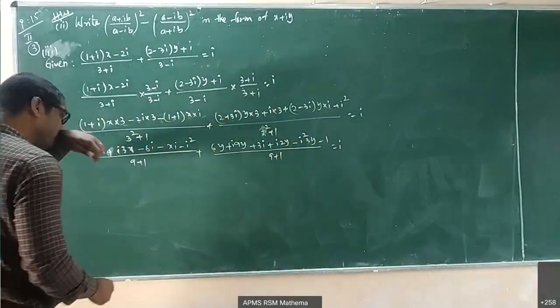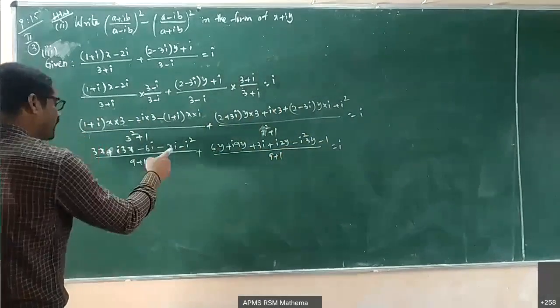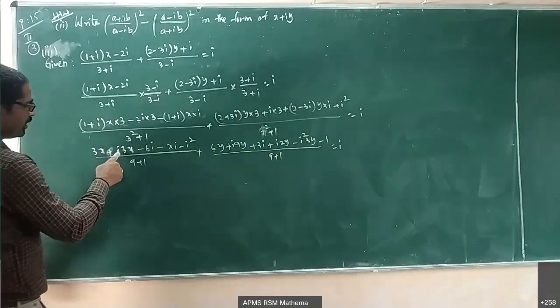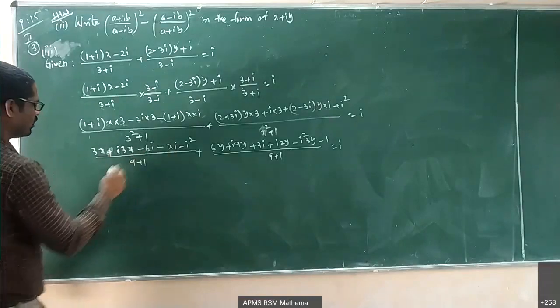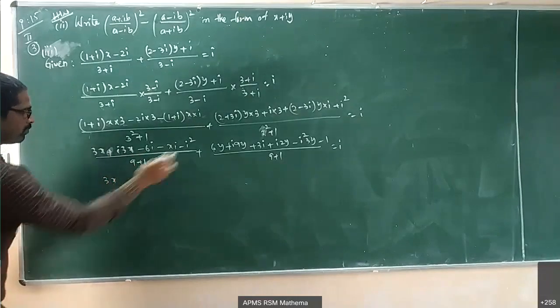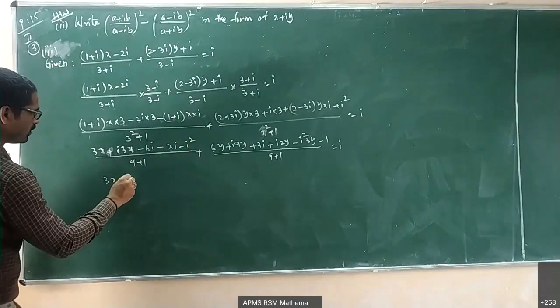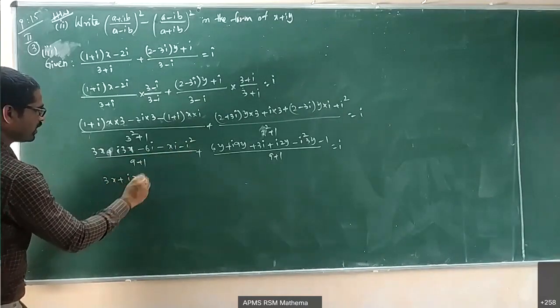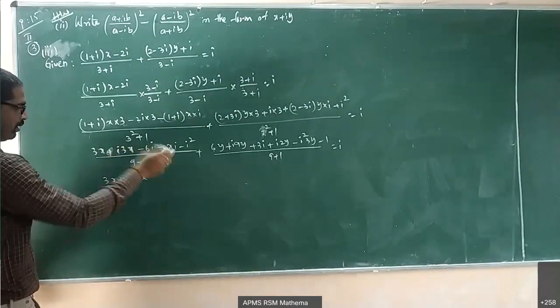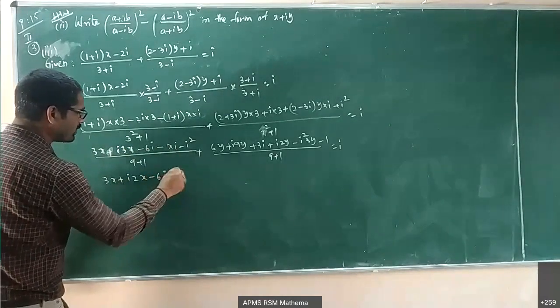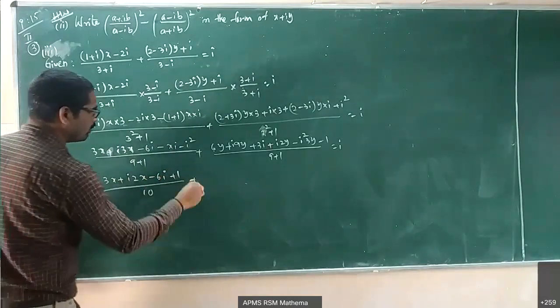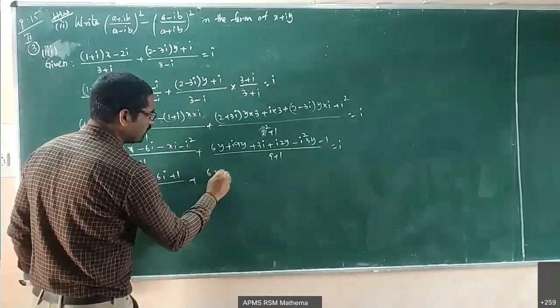Again, here 1xi is there, plus 3xi's are there. So if you write 3x plus i2x, because 1xi will be removed from this, 3 minus 6i plus 1 divided by 10, plus 6y.